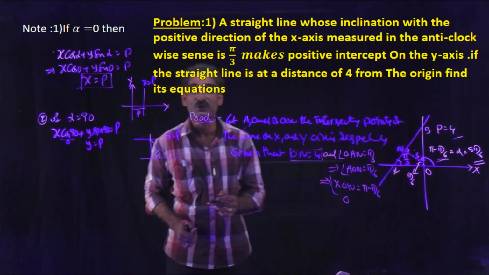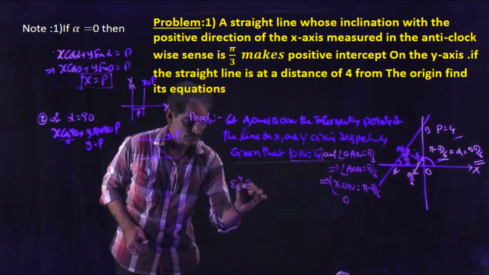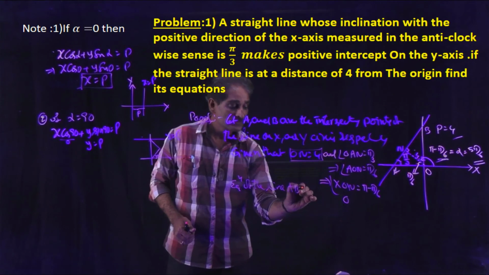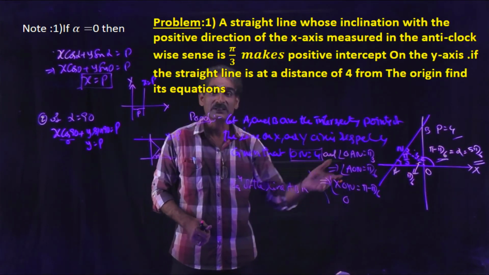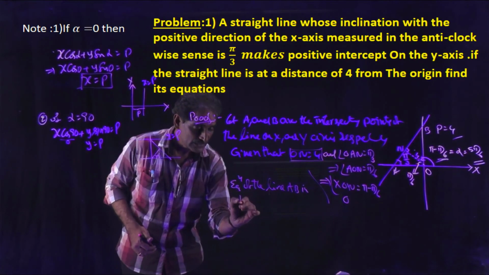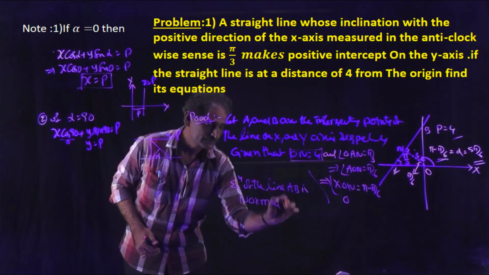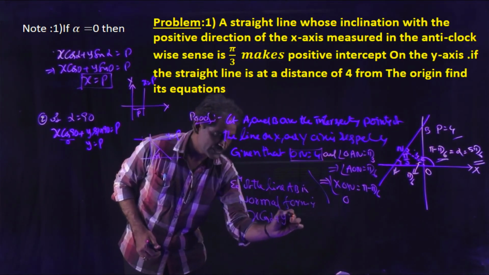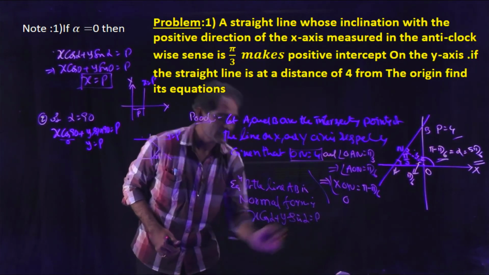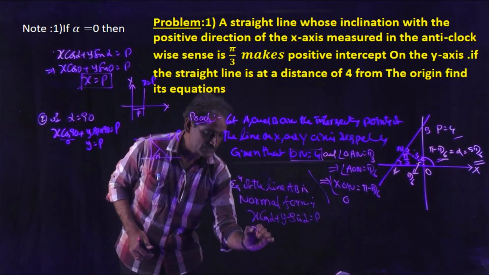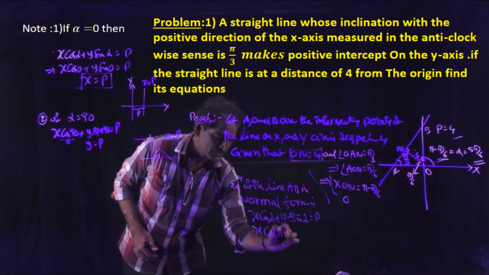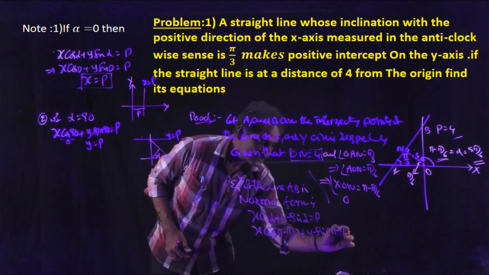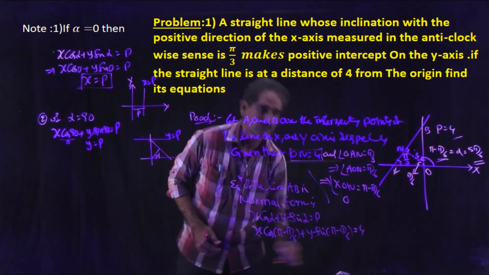So now the equation of the line AB in normal form is x cos alpha plus y sin alpha is equal to p. Here alpha is equal to pi minus pi by 6. That means x cos(pi minus pi by 6) plus y sin(pi minus pi by 6) is equal to p, and p is equal to 4.